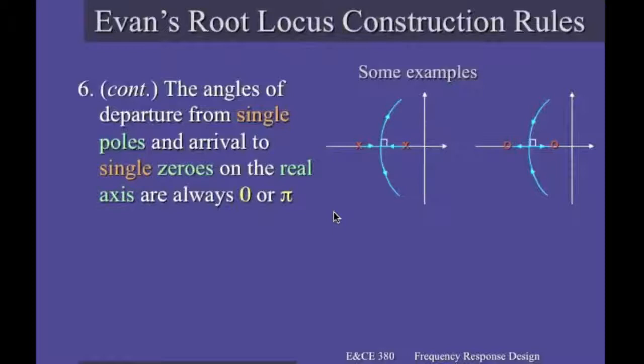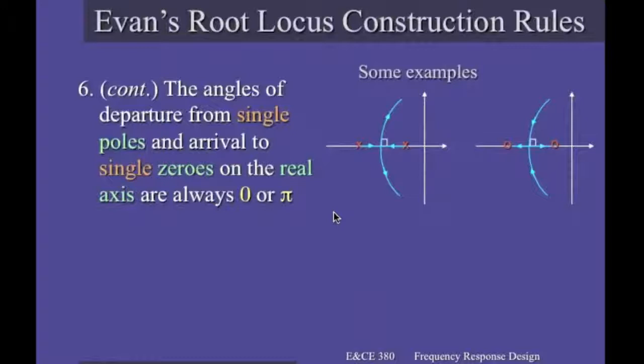Well, for sure one trajectory is leaving from the rightmost pole and going to the left. And for sure another trajectory is leaving from the leftmost pole and going to the right. So the angle that the rightmost trajectory has to follow at departure must be pi necessarily.